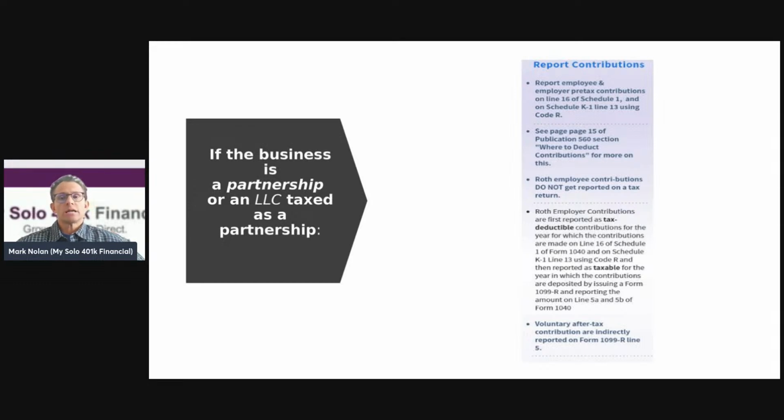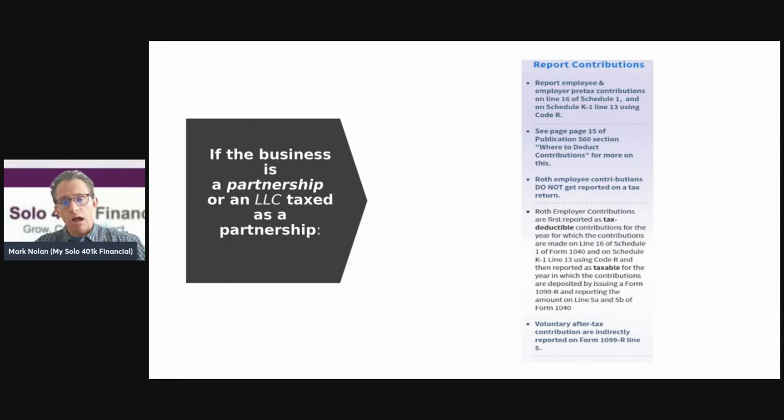You're going to report those on line 16 of your Schedule 1 as well. And then you're also going to report them on your Schedule K1, line 13. You're going to use code R in line 13. Take a look at Publication 560, page 15, where it talks about where to deduct contributions for more information on this.